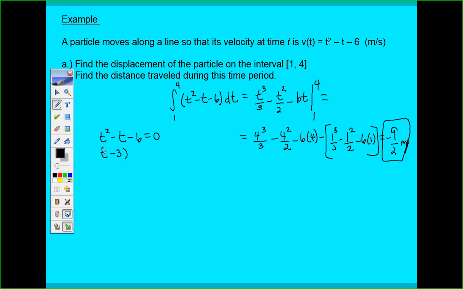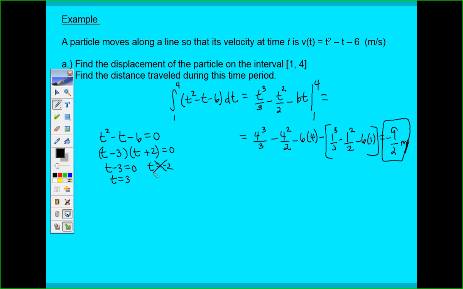I think we can factor this, t minus 3, t plus 2. So t minus 3 equals 0, so t equals 3. Now this one would give us t equals negative 2. So we can see that we have changed direction on the interval 1 to 4.